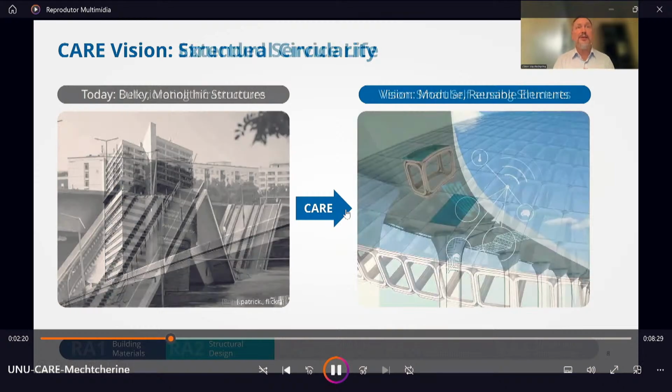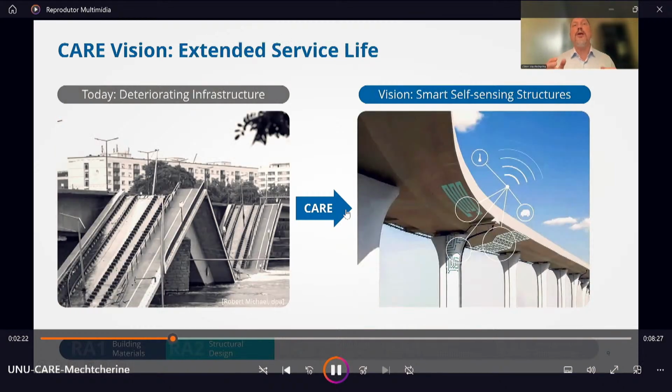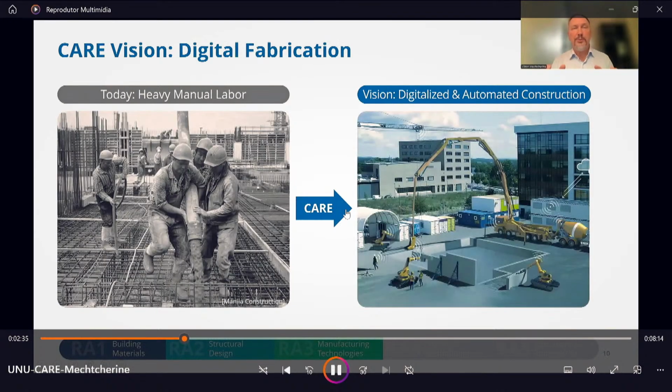At the same time, we will integrate fundamentally new monitoring and strengthening techniques to extend the lifespan of existing structures and enhance their safety. To boost productivity, quality, and safety, CARE will explore new methodologies to digitalize and automate fabrication and construction processes.